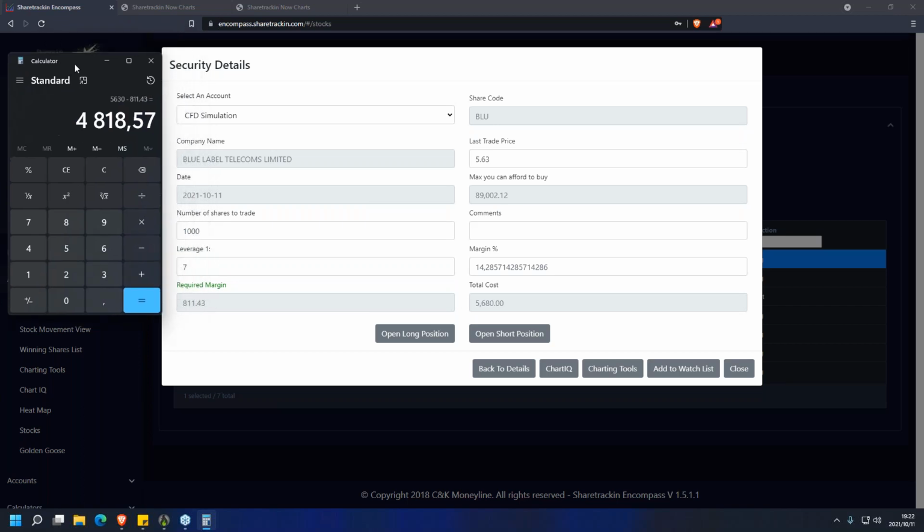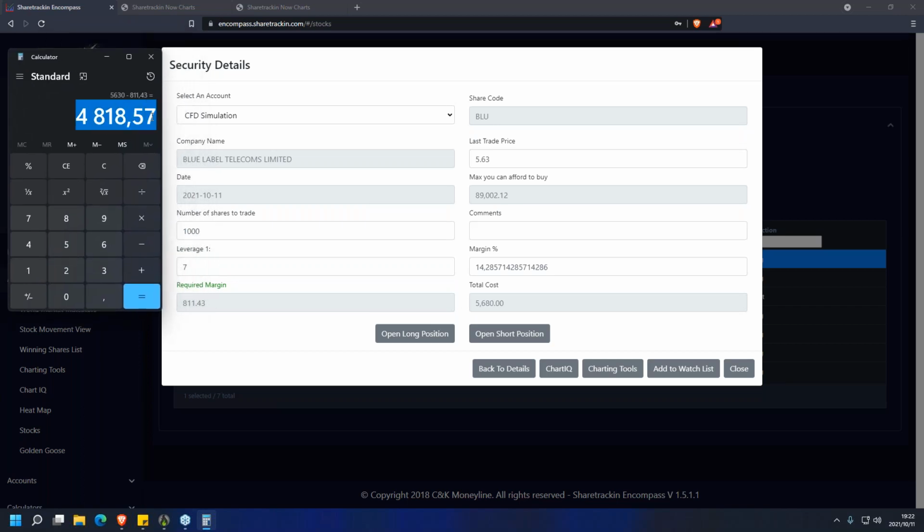So that's what the bank will loan you. When you sell out, the bank takes back that amount, and they will also be subtracting another 50 Rand. But that's on the software.